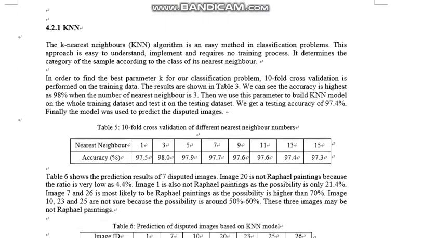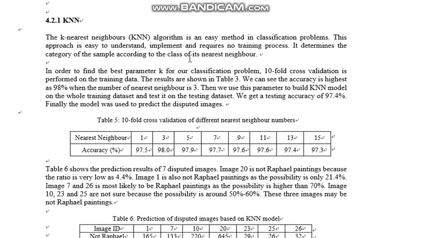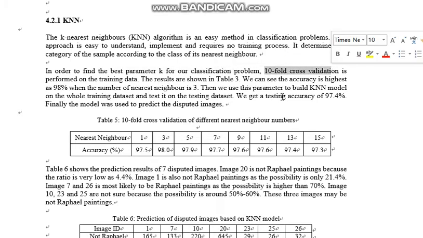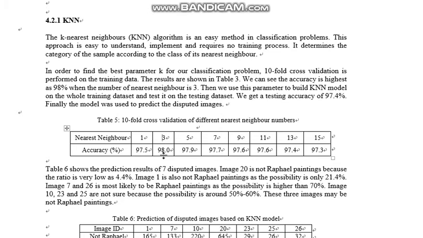First, we use KNN to find the best parameter K. We use 10-fold cross validation, and finally we found that when K equals 3, the KNN model has the best performance for our dataset, and then we test the model accuracy. On the testing dataset, we get accuracy like this.